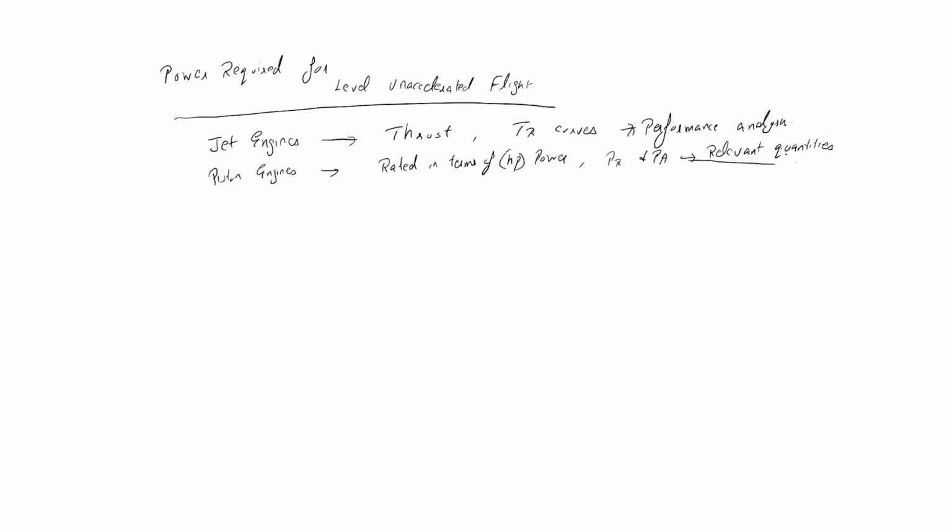Also, even if we do not consider piston engines, power is still a relevant quantity because consideration of power leads to the calculation of rate of climb and maximum altitude, for both jet as well as piston engine.